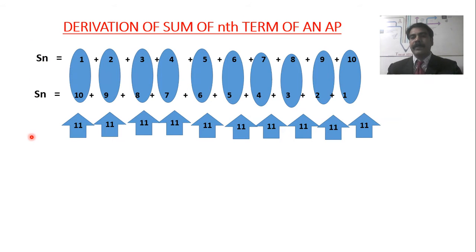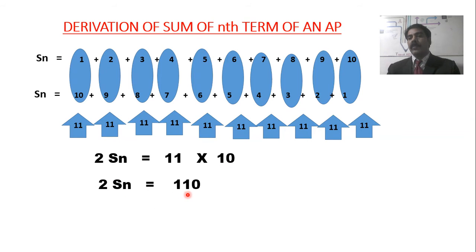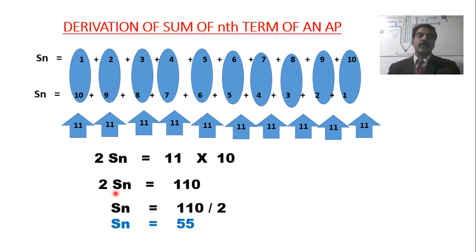So it will become 2 times Sn. If we solve it, we get 2Sn equals 11 times 10, that is 110. So 2Sn equals 110, and then Sn equals 110 divided by 2, which gives us 55. That is our answer, and we already know that the sum of the first 10 natural numbers is 55.